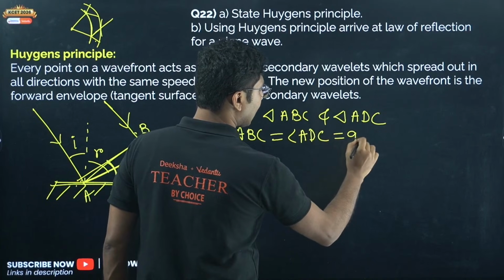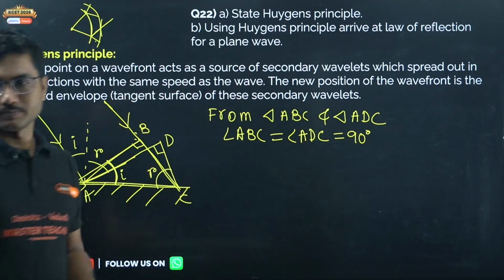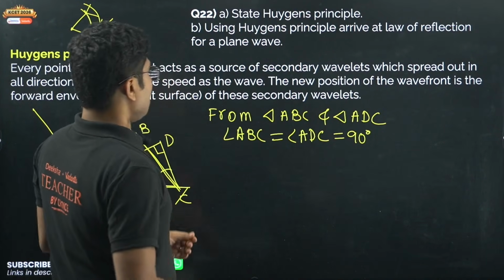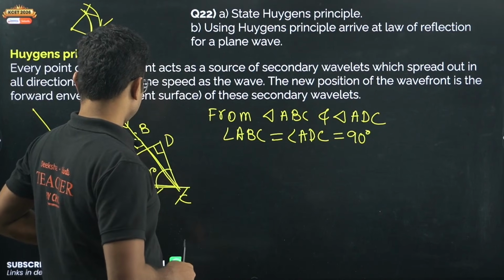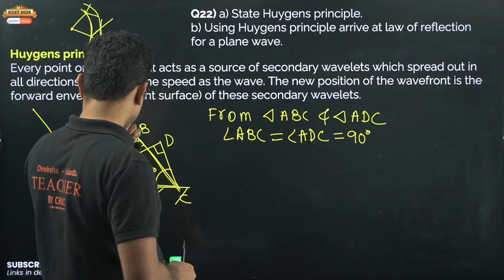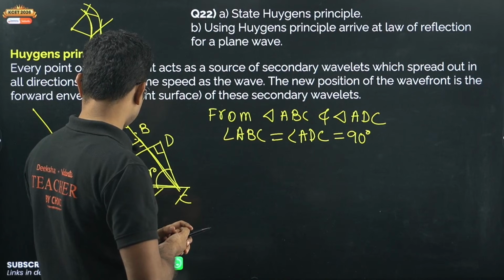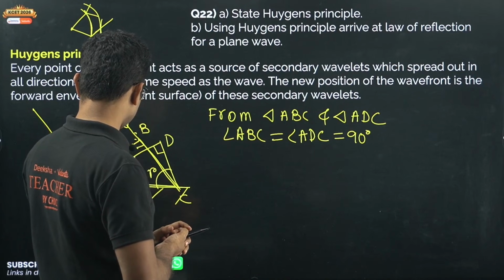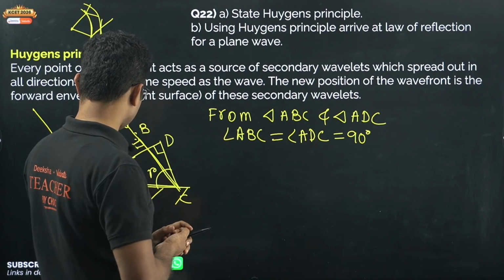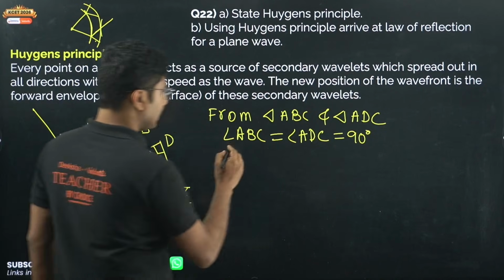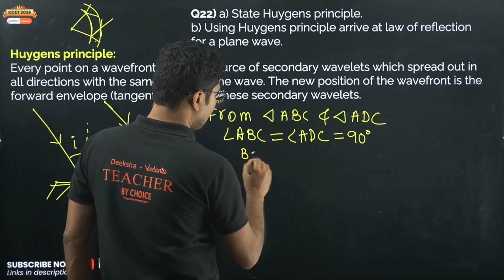So these two angles are 90 degrees. The distance BC equals DC.